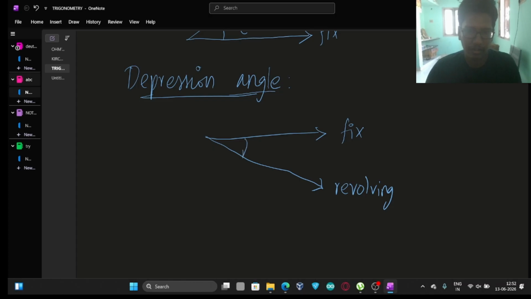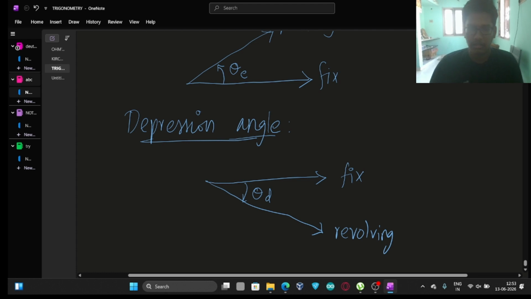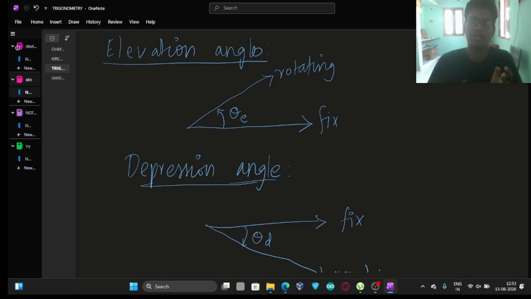I will denote it as theta d. From this you could also deduce that anti-clockwise angles are called elevation angles, and clockwise angles are called depression angles.